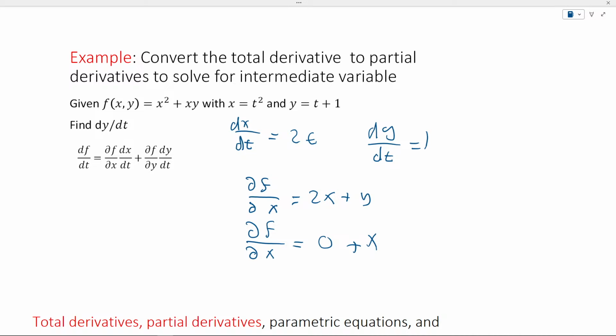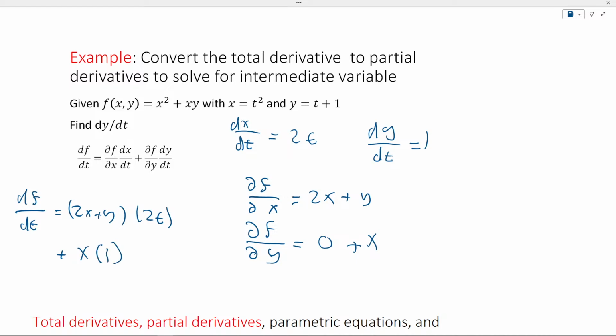So to find the derivative of this, that would be partial f with respect to x, which is 2x plus y, times dx over dt, which is 2t, plus partial f with respect to y, which is x, times dy over dt, so that's just plus x times 1.